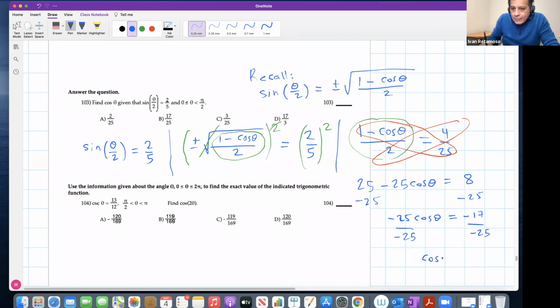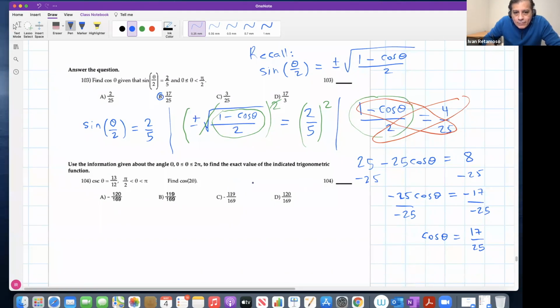And finally, I will get the cosine of theta, eliminating the negative sign, 17 over 25, which is this B, right? Let's double check. This is fine. Yeah, B. Yeah, this in case you have this stuff related to the half angle formula.